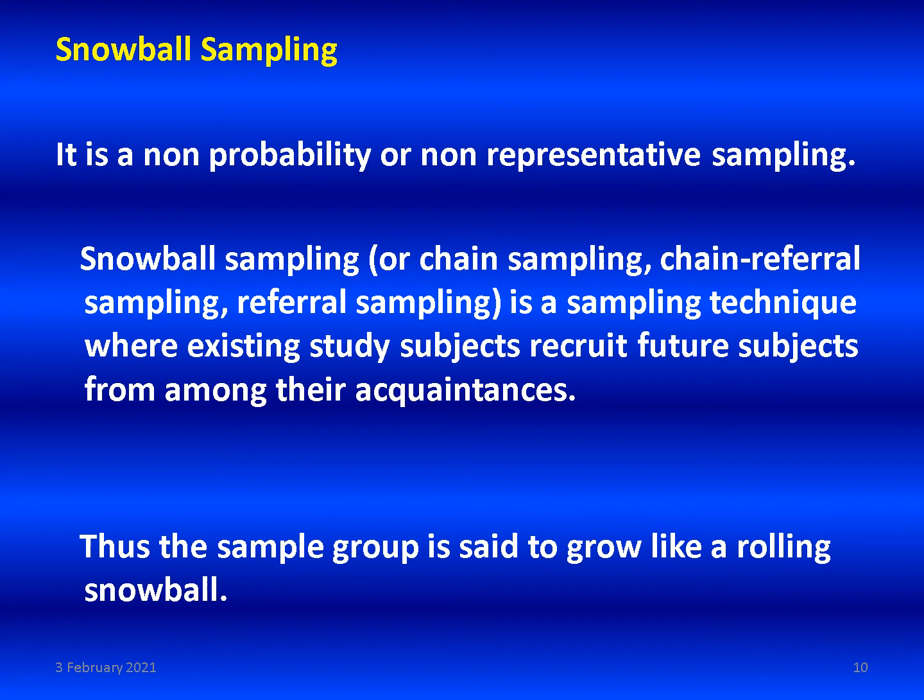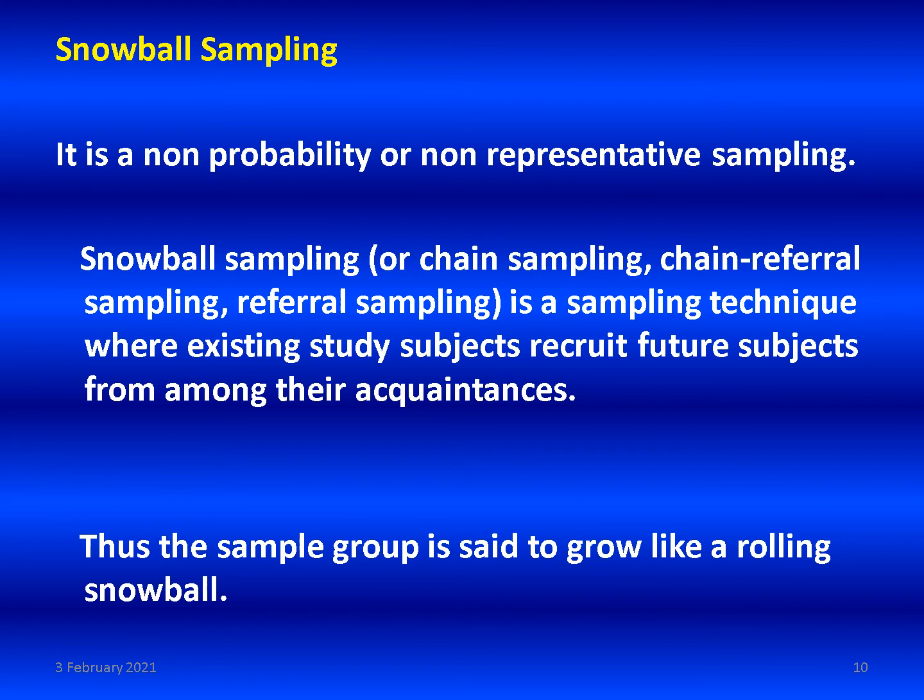Then those 3 individuals will bring 3 more people each, from their acquaintances, from their relatives, from their friends, like that. The sample group will grow like a rolling snowball. It's a non-representative sampling and it is a biased sampling also, because the recruitment of new sample will be based on the acquaintance of the already selected sample.